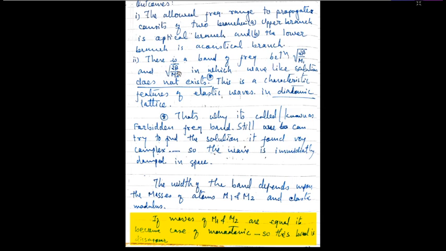This is the optical branch lower value, and the higher value of the acoustic branch at k is equal to pi by 2a would be twice beta upon m1 under root, and in between these two values no solution exists, and therefore this is known as the forbidden band for diatomic lattice vibrations.